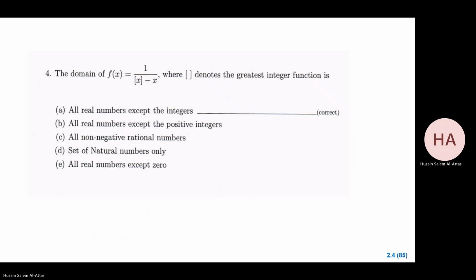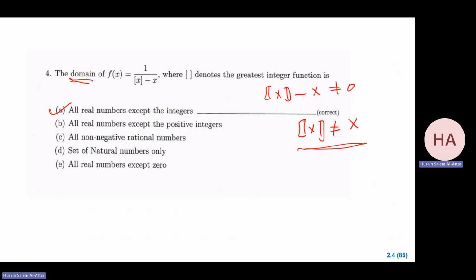I need the domain of this function to make it very clear. I need the greatest integer of x minus x to not be equal to 0. So you want to avoid when the greatest integer of x equals x. That is true only if x is an integer.